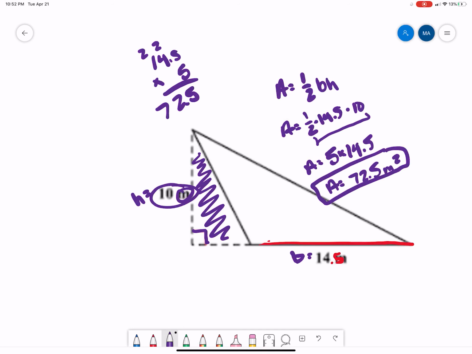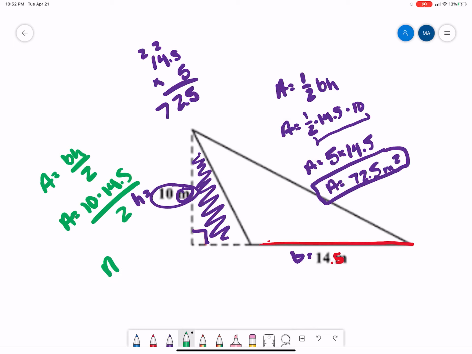This is a problem that I would probably do the other way, so let me show you the other way. So let's go green. Area equals base times height divided by 2. So then I plug in the numbers. It gives me area equals 10 times 14.5 divided by 2. Well, 10 times 14.5 is 145.